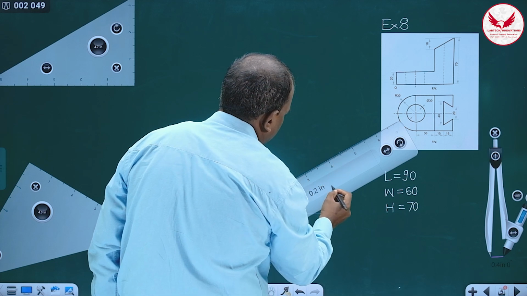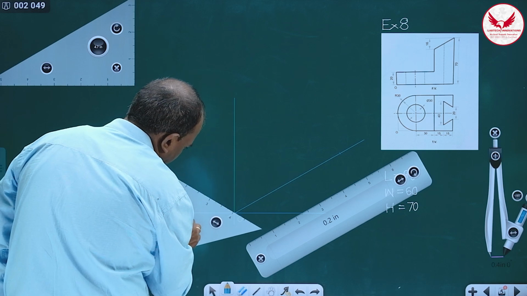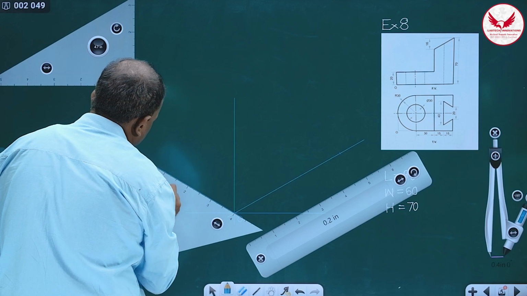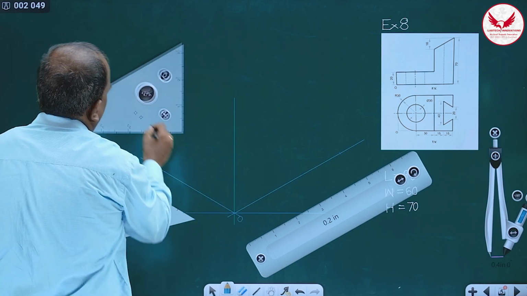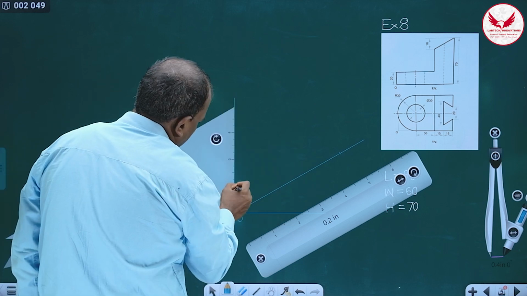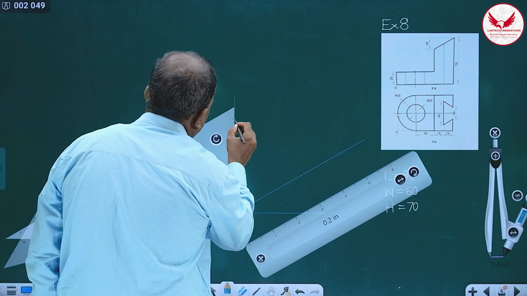This is going to be 90, then it is 60: 20, 40, 60. And always I tell, mark the height 20, 40, 60 and 70.